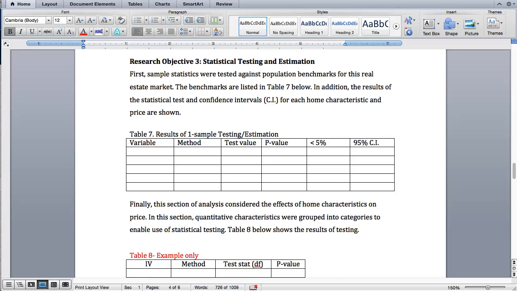Now these benchmarks are assumed values for either a population mean or a population proportion, depending upon whether this is a quantitative variable or a categorical variable. So those assumed values are given in our case instructions. So let's have a quick look at those.